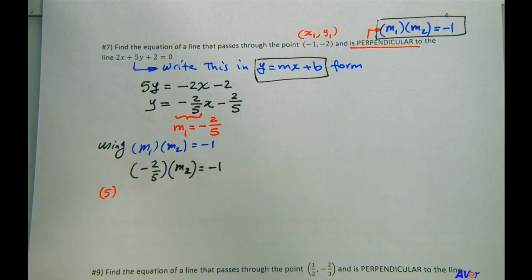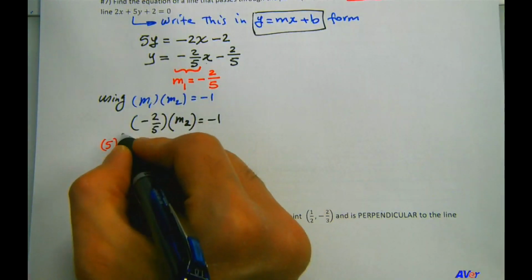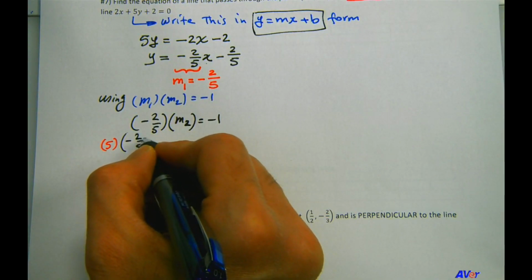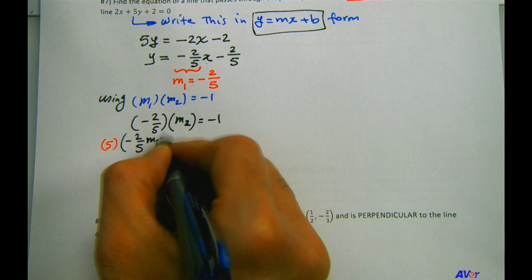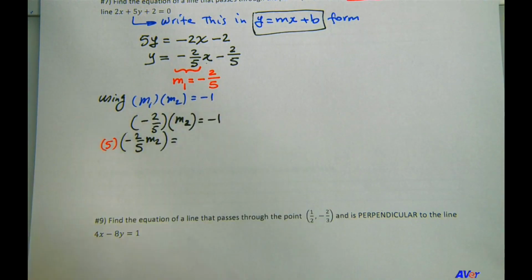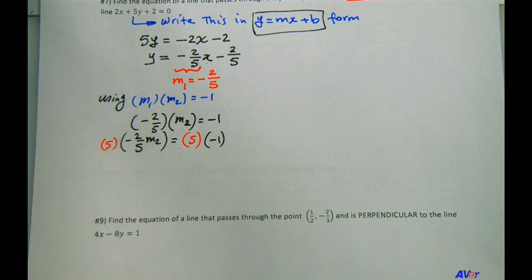So 5 times -2/5 m2 equals 5 times -1. This and this cancel each other out.